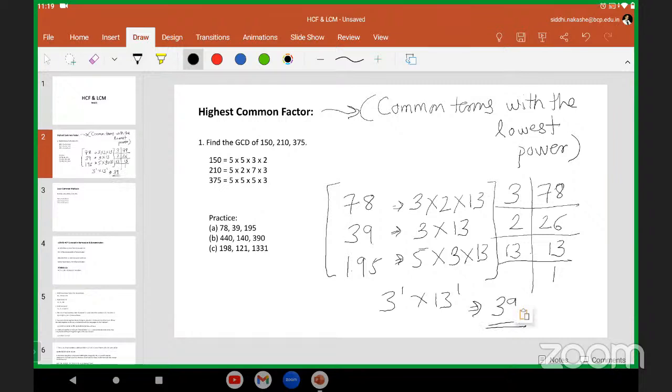And similarly, you can do this for question number three, C: 198, 121, and 1331. If you look at these numbers closely, 121 is nothing but 11 square, that is 11 into 11.